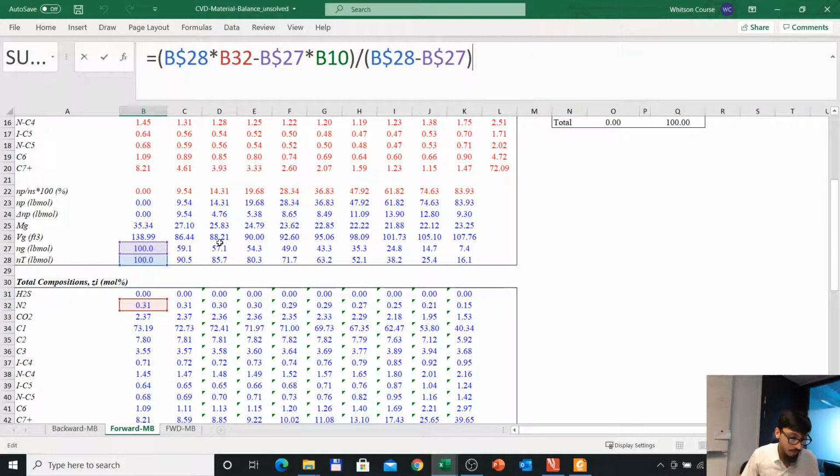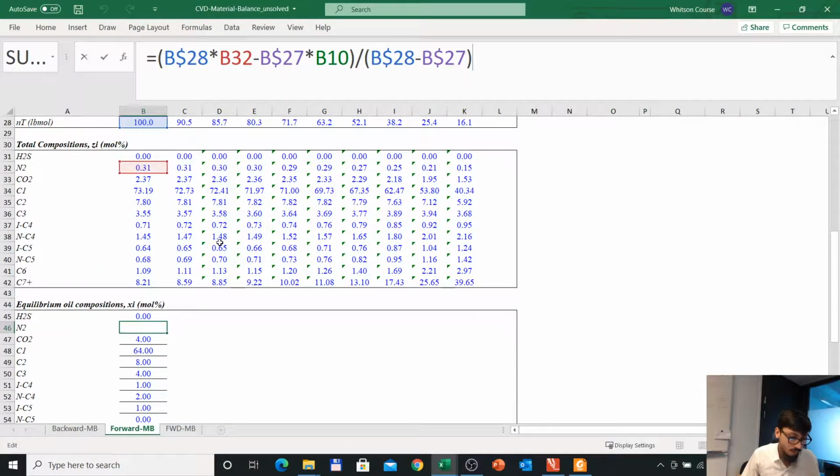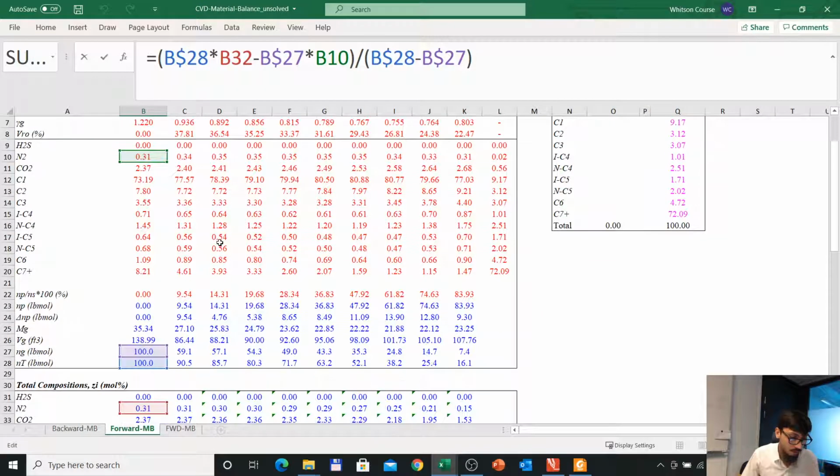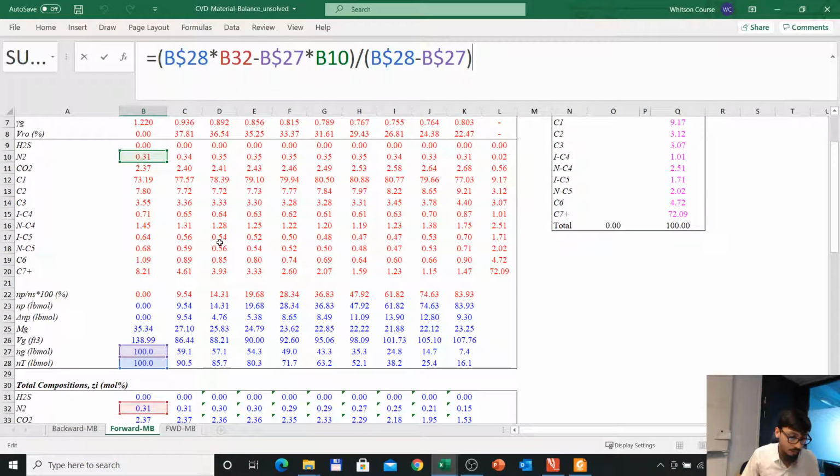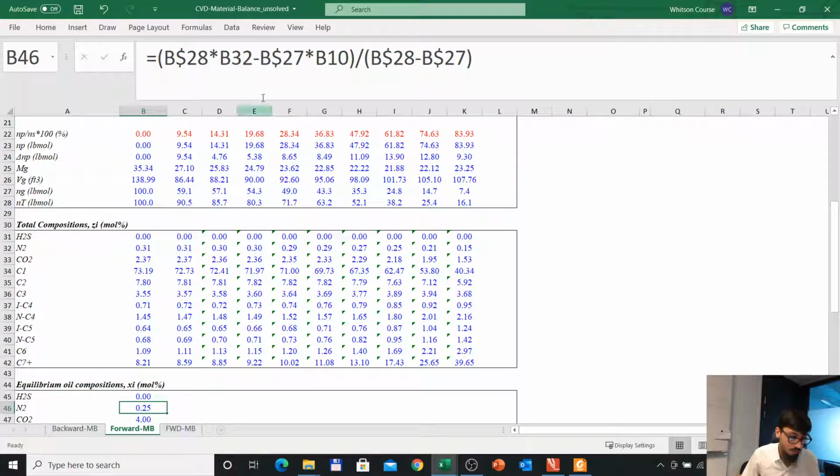NT ZI minus NG YI, just B10. B32. So B32 and B10, they are identical. And then B28 and B27, they are identical. That should have used it.